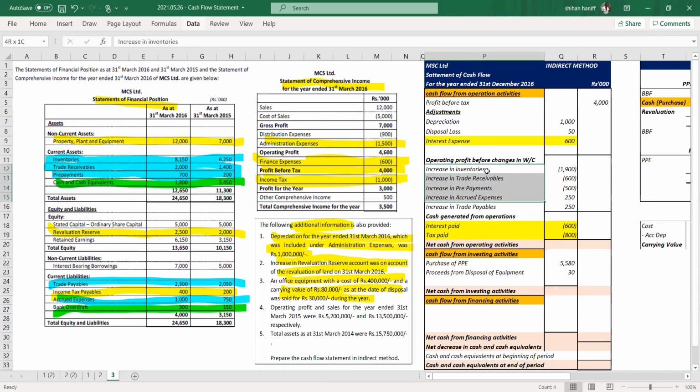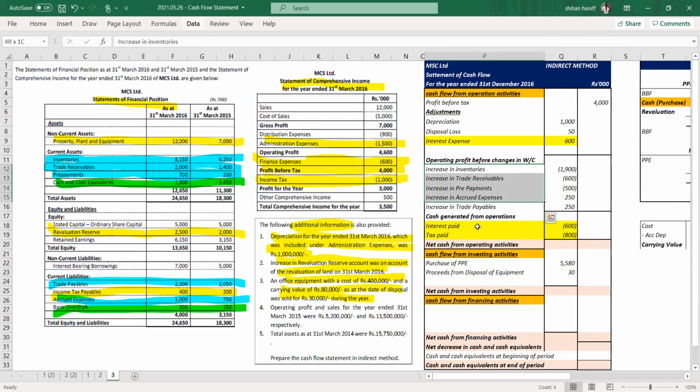Next, here we will take working capital, all the current assets and current liabilities other than cash. We have to take all current assets and current liabilities, including prepayments and accruals.